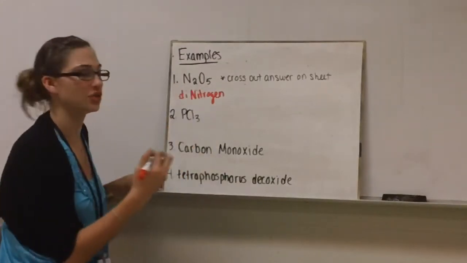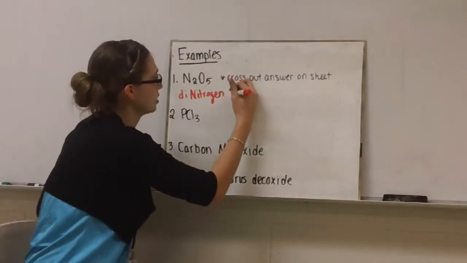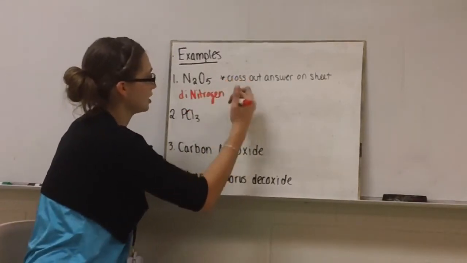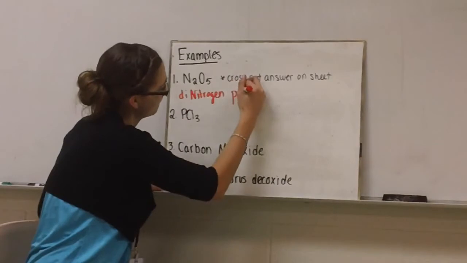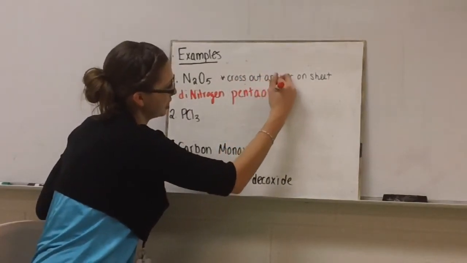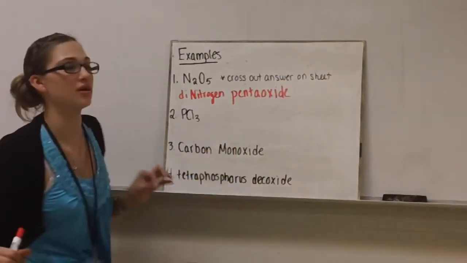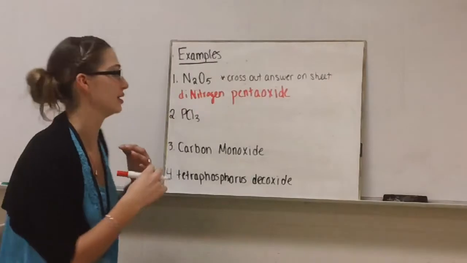So dinitrogen, and then 5 is penta, so it would be dinitrogen pentaoxide. You have to remember that the end of our second element always ends in "ide."